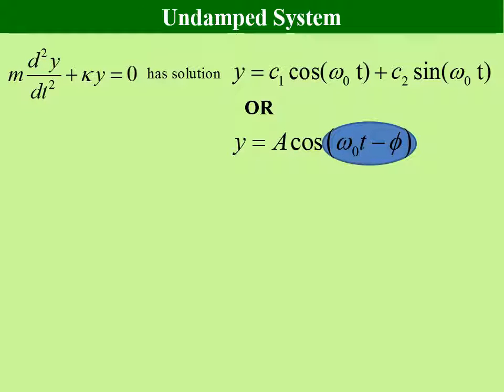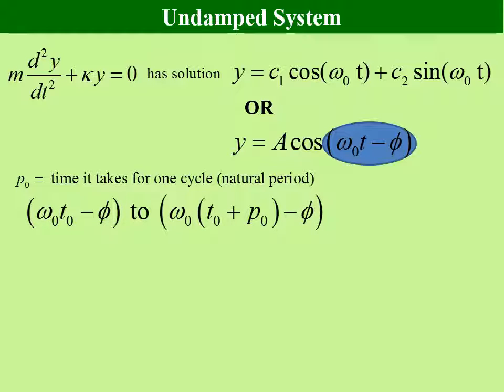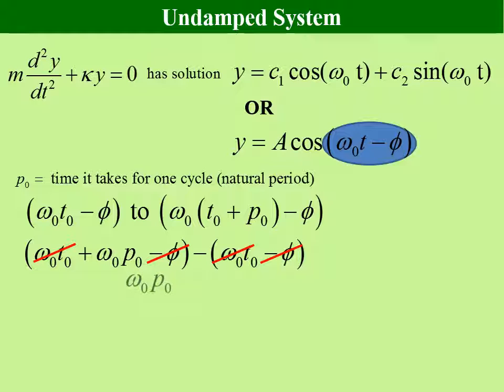And the significance behind the omega naught t minus phi is that if we use a P sub 0 for the time it takes for one cycle, we can take a look at the time from omega naught t naught minus phi to omega naught t naught plus P naught minus phi, and do the calculation ending minus beginning and come up with the omega naught times P naught.